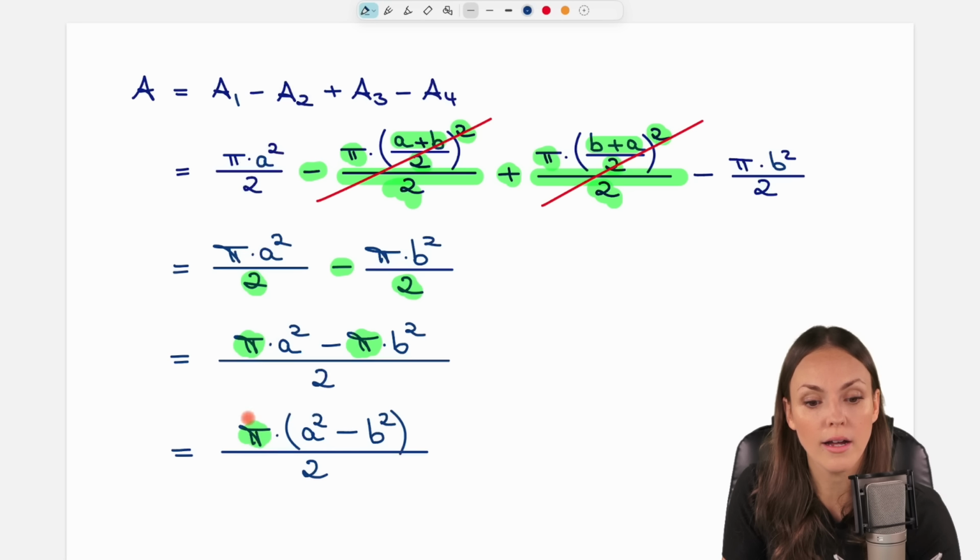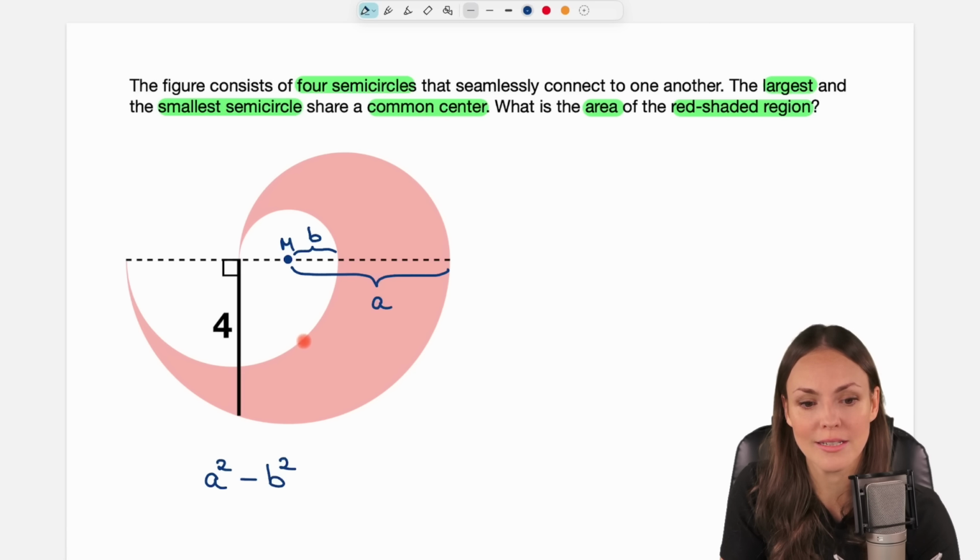Okay, this is our area now. We know pi divided by 2 is also not a problem, but what is a squared minus b squared? We don't know anything about this yet. So let's go back to the beginning and let's try to find a squared minus b squared, because have you noticed that we haven't used this information here yet at all?